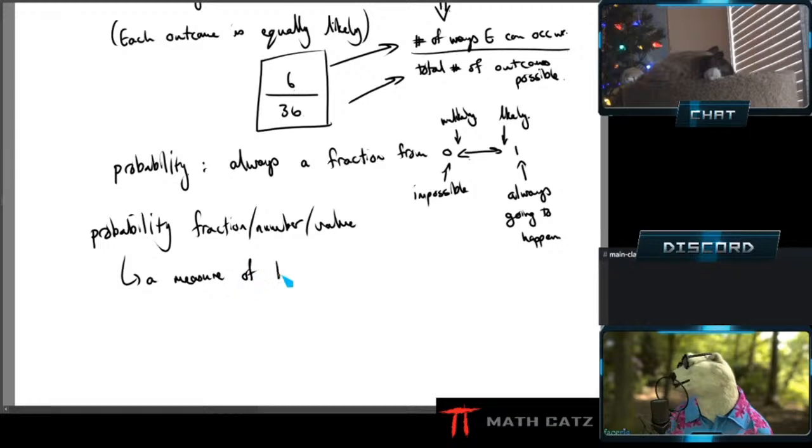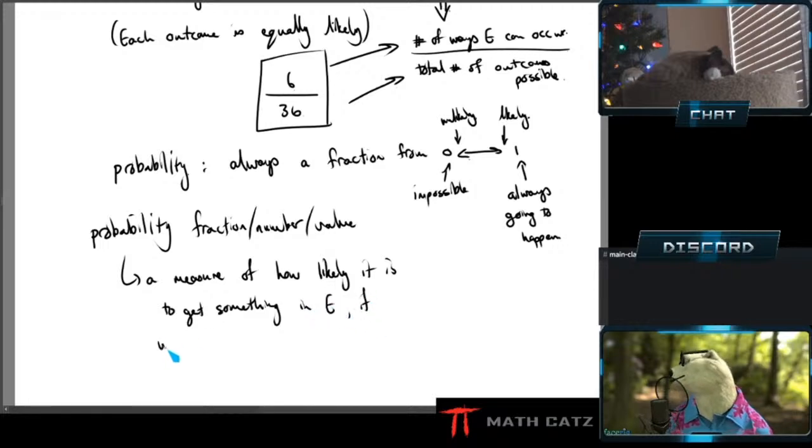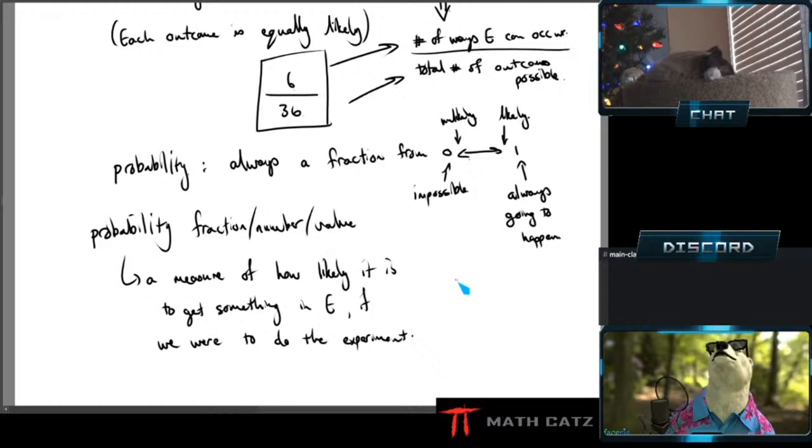It's a measure of how likely it is to get something that satisfies E's restriction if we were to do the experiment right now. If I'm going to roll 2 dice, I want to know before I do it, how likely is it that I'm going to get a double? Well, 6 out of 36, I can calculate that.